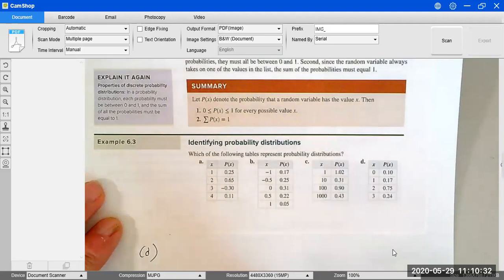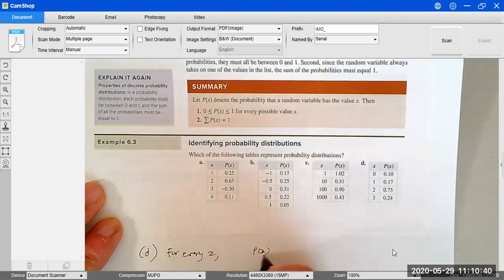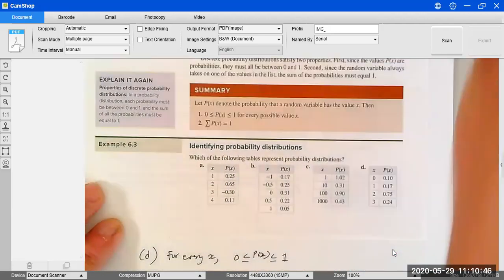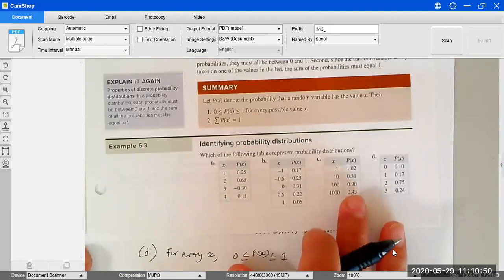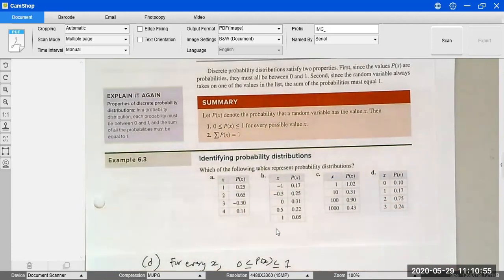So the only thing that we need to check is, for every x, we have the probability between 0 and 1. So that's perfect. But we need to check now the sum of those 4 values. So I'm going to use R again to verify the sum of those probabilities. And that's what we're going to get.